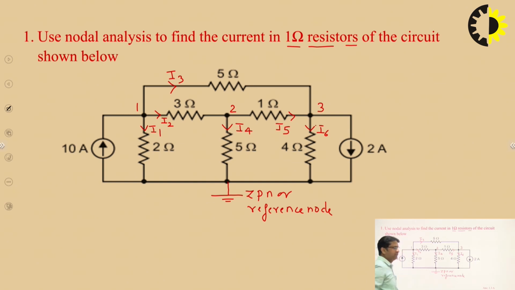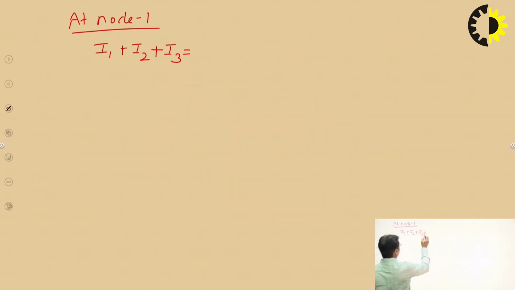The outgoing current is equal to the incoming current, so this is equal to 10 ampere. Now this is our first node equation.